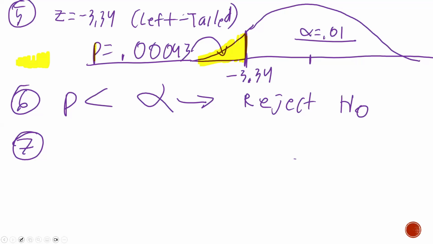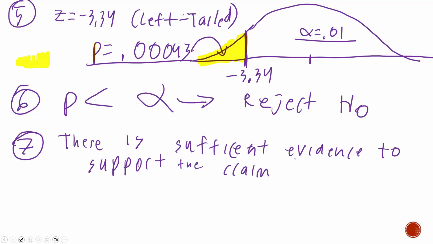So step 7 is to state this in everyday terms. When you reject, you always want to say there's sufficient evidence. When you reject the null hypothesis, you support the alternative hypothesis, which is typically what the experimenter actually thinks.